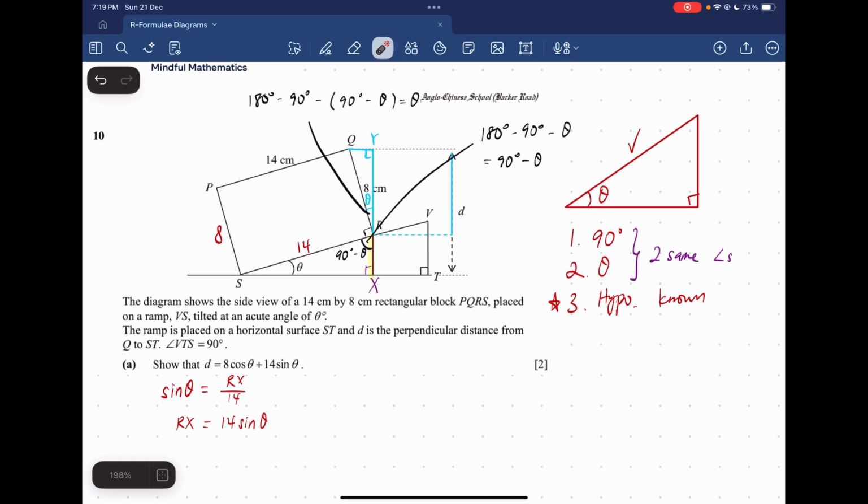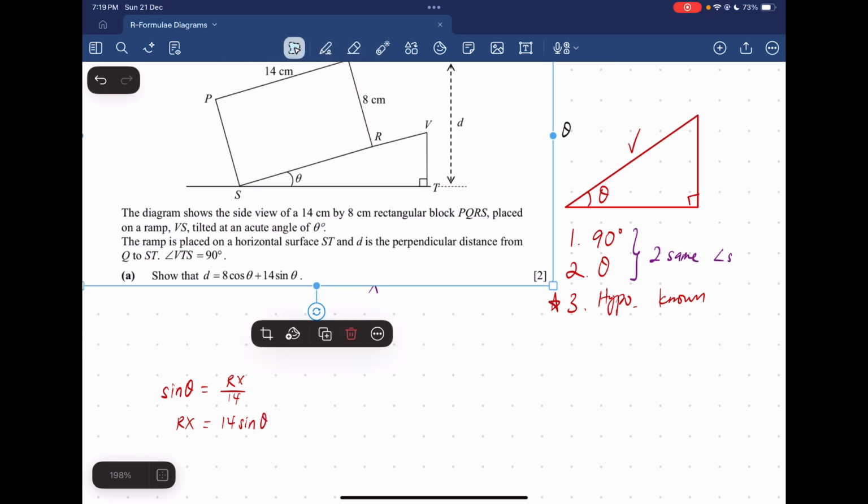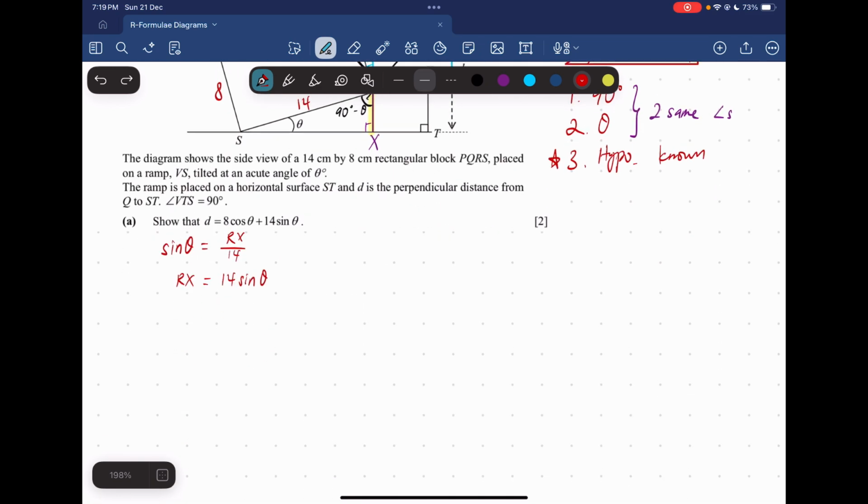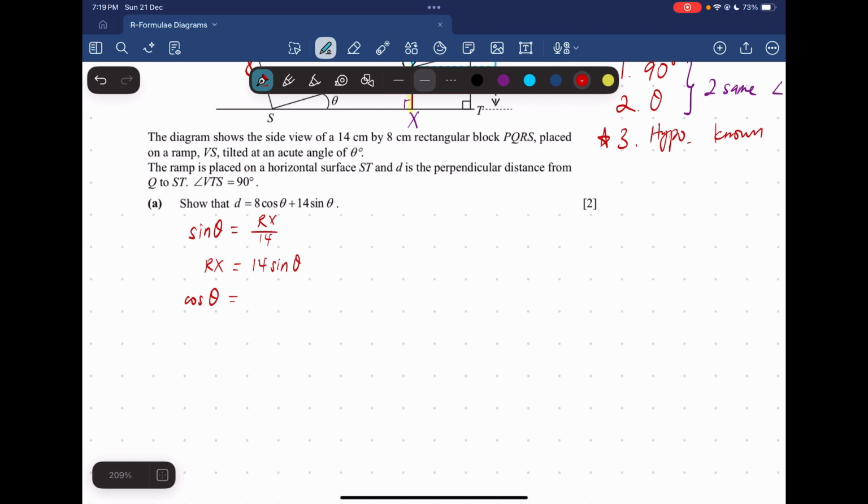For triangle YRQ, finding YR based on where theta is, that is the adjacent side. And we know the hypotenuse. Adjacent and hypotenuse, cosine. Oops, sorry. So cosine theta is YR over 8.